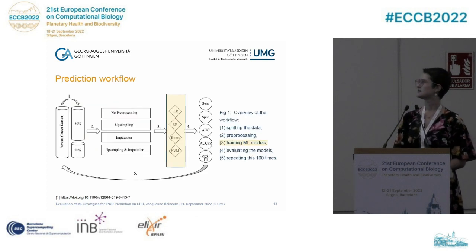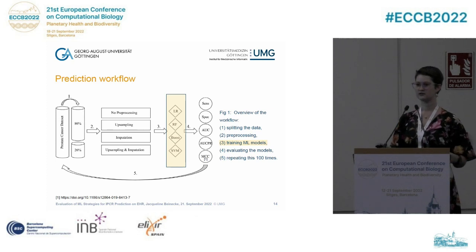After the pre-processing, we trained different models. We looked at logistic regression, random forest, gradient boosting, and support vector machines to have a variety of linear and nonlinear models to evaluate.